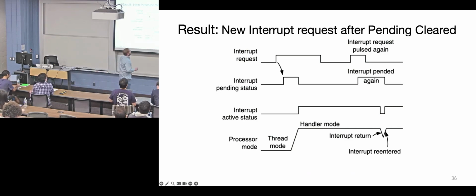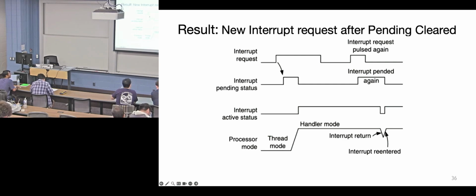All right. So I believe this is because, so we've gone from interrupt request caused pending. Pending got deasserted when you went into active mode handler. You've got another positive edge triggered here on that pulse, which caused pending to go again. Then active goes low, and then you come back out of that.